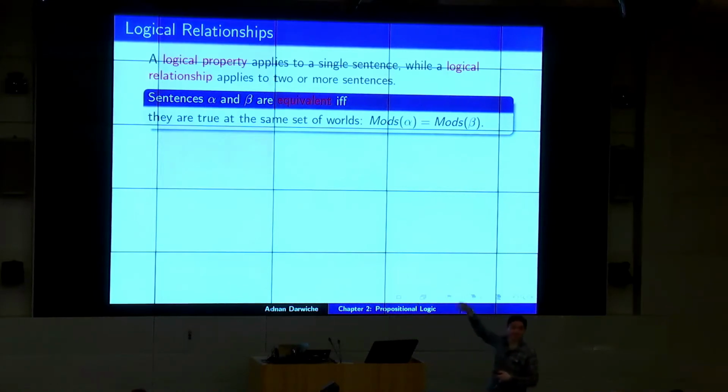That's the definition. That's what it means for two things to mean the same thing. See now the usefulness of this notion of a meaning as a set. That includes, for example, alpha implies beta, and not beta implies not alpha. Those are the same. They have the same meaning.